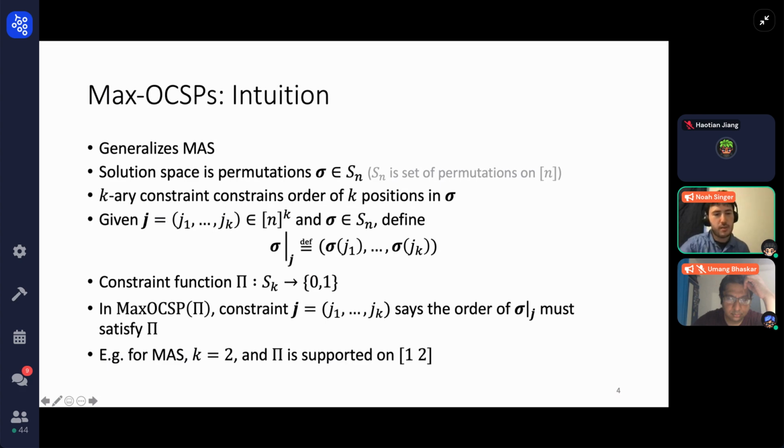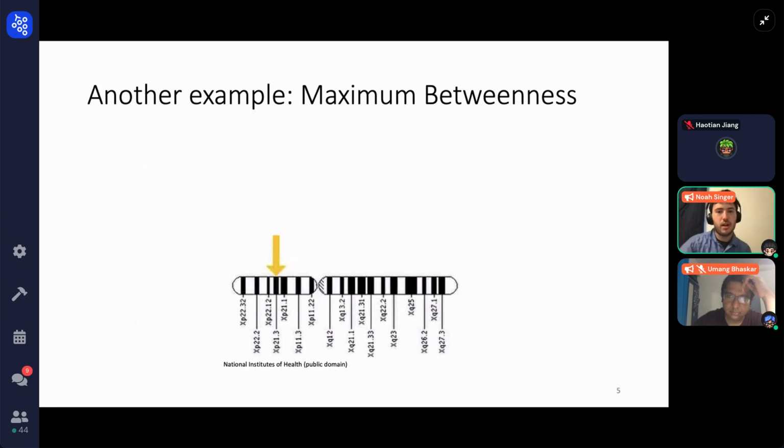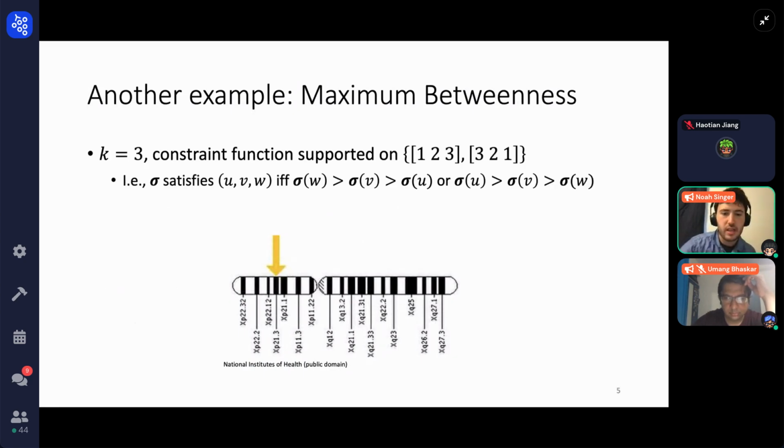For instance, for the MAS example, we have k equals 2 because each constraint constrains the order of 2 positions in an assignment sigma. And the constraint function is the function from S2 to {0, 1}, which is supported on the ordering 1, 2. And another example of a problem which fits this framework is called the maximum betweenness problem. In this problem, k equals 3.